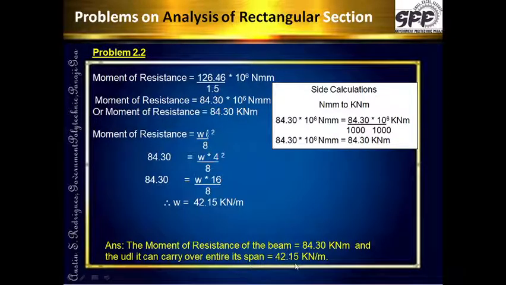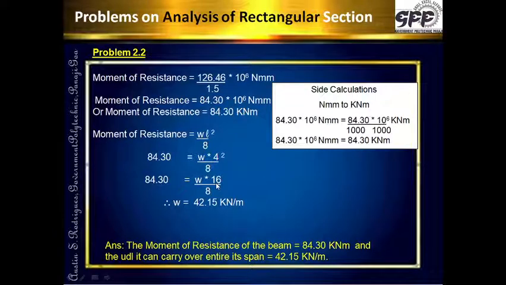If the value of the UDL is more than this, W will increase. As W increases, the right hand side value will be more than the left hand side value. So the moment of resistance will remain 84.30, but the external acting bending moment will be more than 84.30.